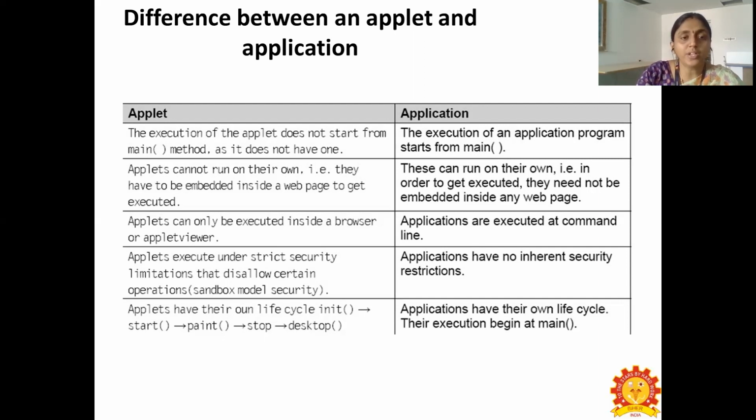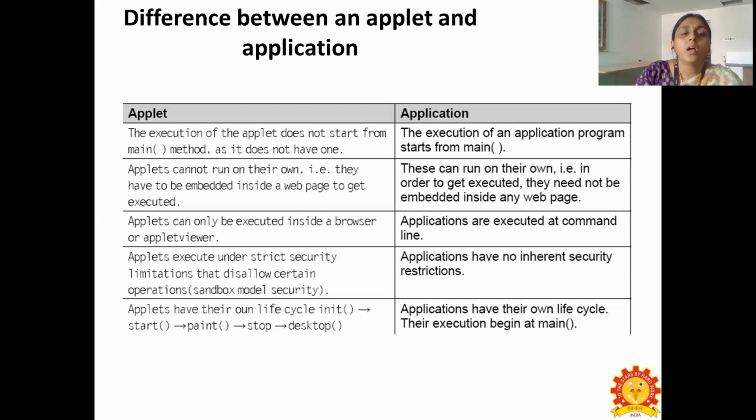The third difference is that applets can only be executed inside a browser, embedded in an HTML file, or using the appletviewer keyword. But applications can be executed at the command line in a normal way, so there is no need for any web browser.